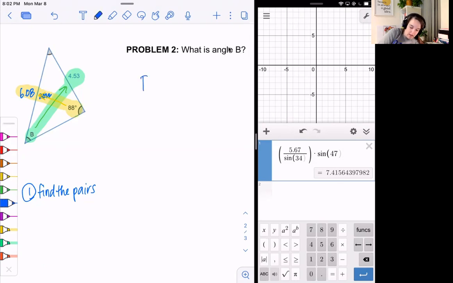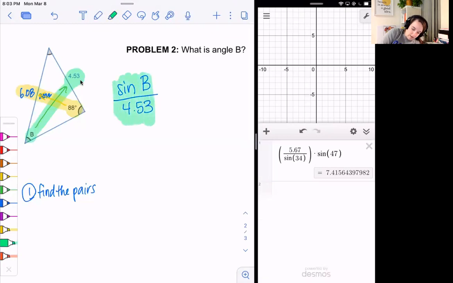Remember, B always has to go with sine because it is an angle. So this time I have angles on top, right? So B goes with 4.53. This is my green pair, right? And that is going to be equal to the other pair.